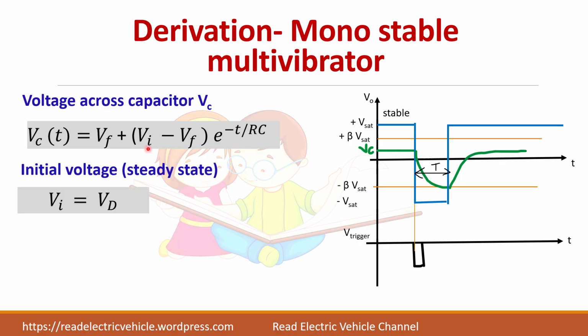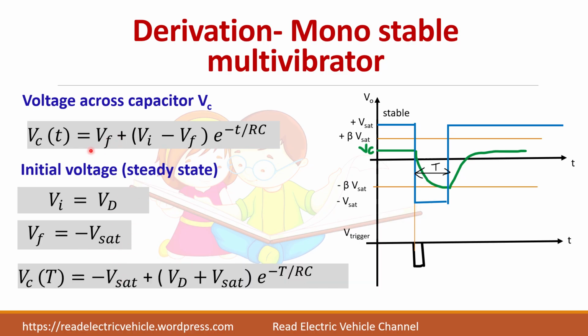What is the initial value here? You see this period alone. We are targeting only this period, quasi-stable state. Here the initial value of capacitor voltage is Vd, diode voltage, or 0.7 volt. And final value, it is charging towards minus Vsat.